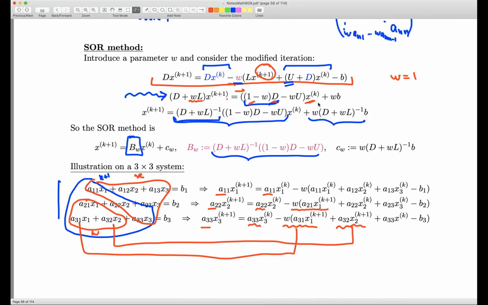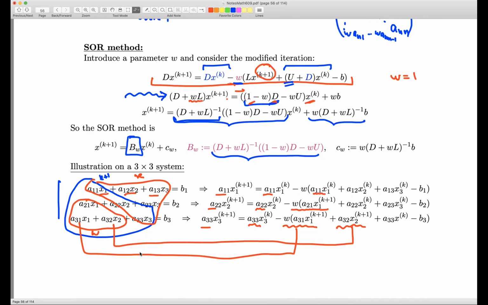And then you will have minus W multiplied by D, and minus W multiplied by U. So within the minus W, you have the elements on the main diagonal and above the main diagonal, that will have index k.